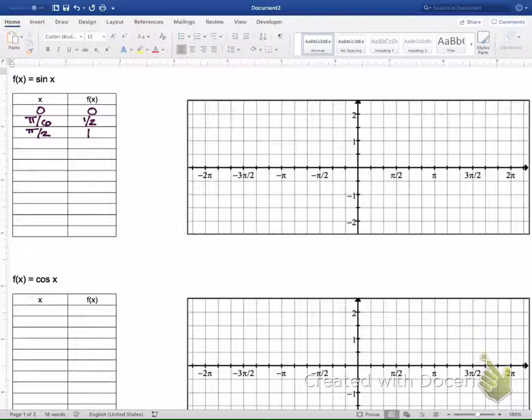Now, look at the radians that we have left once I have eliminated the other ones that weren't nice. I've got 0 and pi over 2, which just means I'm going to do all the quadrant ones, right? So after pi over 2, we're going to also have pi, 3 pi over 2, and 2 pi.